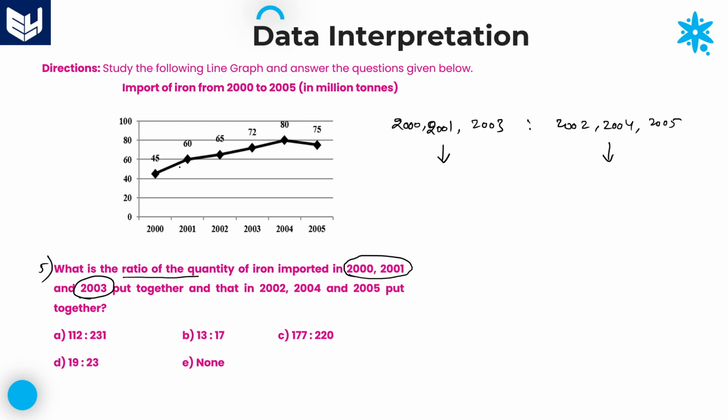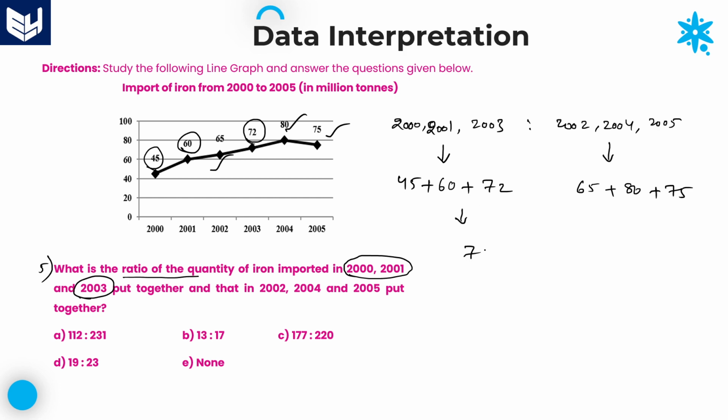First, in the year 2000 the value is 45 million tons. Next 2001, 60. 2003, value 72. Next, 2002 value 65, 2004 value 80, 2005 value 75. Add these values.